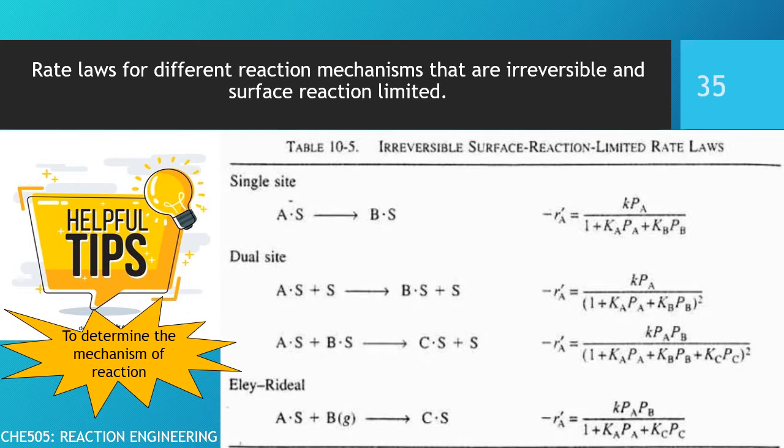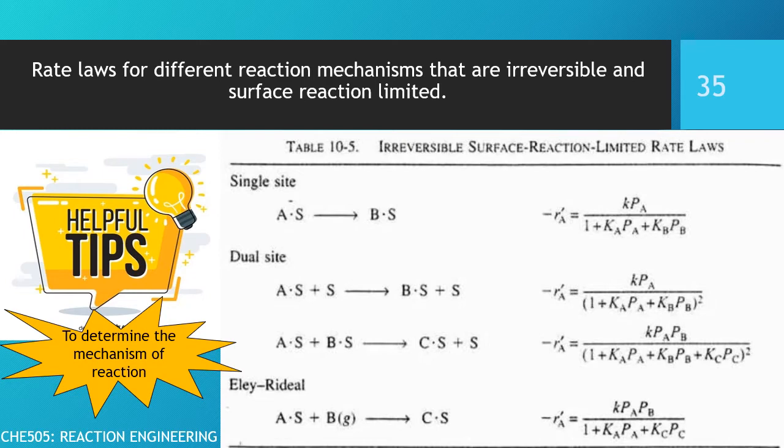Okay, now we look at the rate law for different reaction mechanisms that are irreversible and surface reaction limited. Based on the video that I posted previously for irreversible surface reaction limited, I always stress the denominator of the reaction equation.